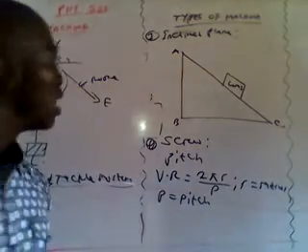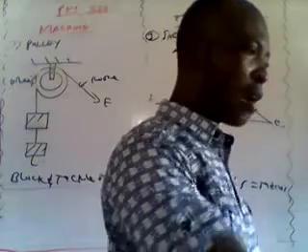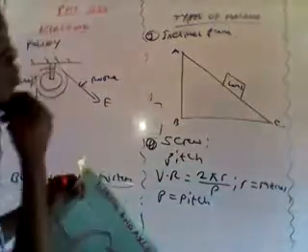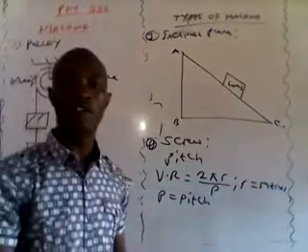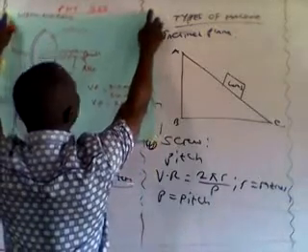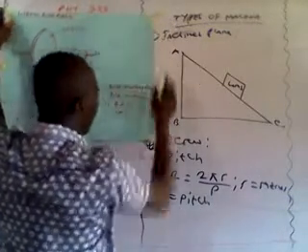So another machine that I want to show you is the wheel and axle. They use the wheel and axle to lift water from a well.